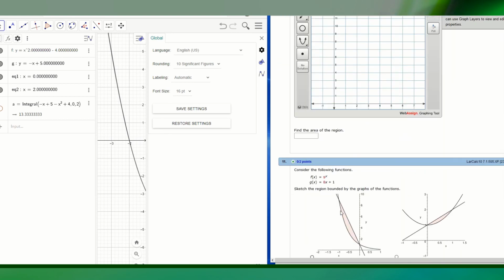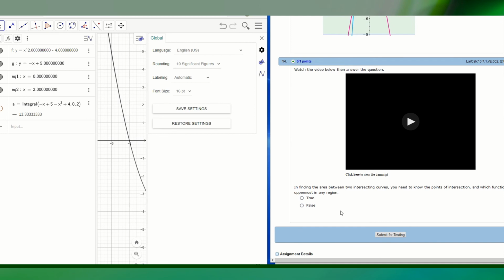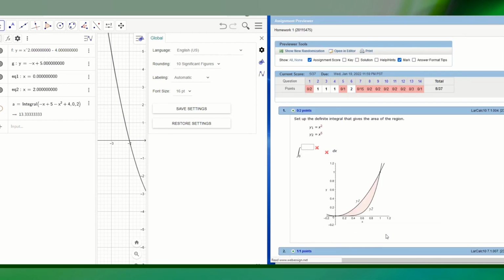So if I submit my answers for these questions, the second question was correct, the third was correct, the fourth was correct, and the sixth one was also correct.